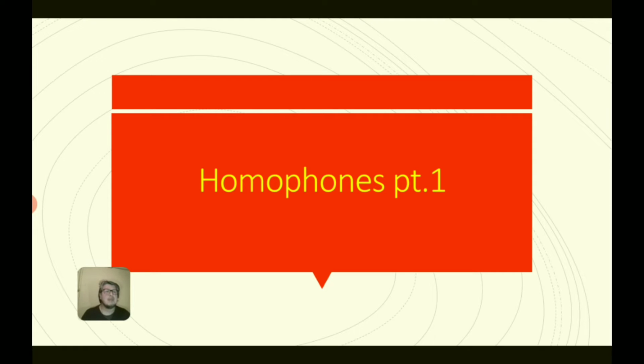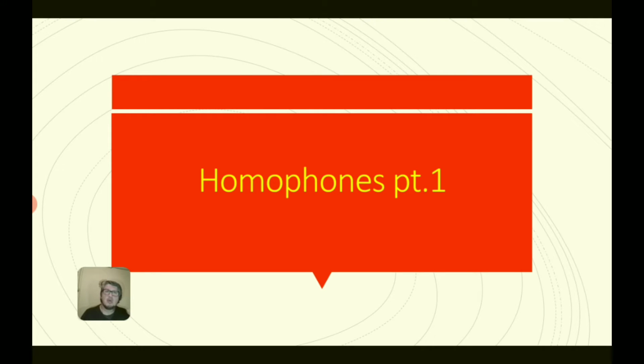That's the idea. So today we're going to start our first review class with this, what you have here, the homophones, part 1. What are the homophones, you may ask? Homo, same, phones, sound: same sound, not the same way of writing the word, but the same sound. So that's what we are going to start reviewing today.